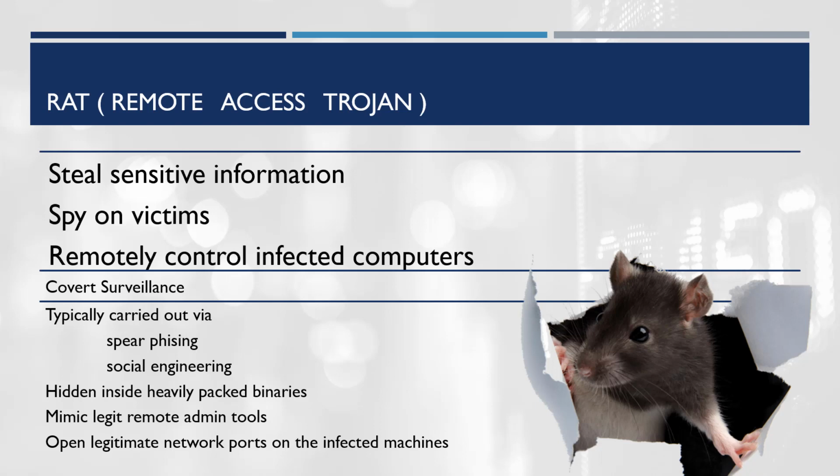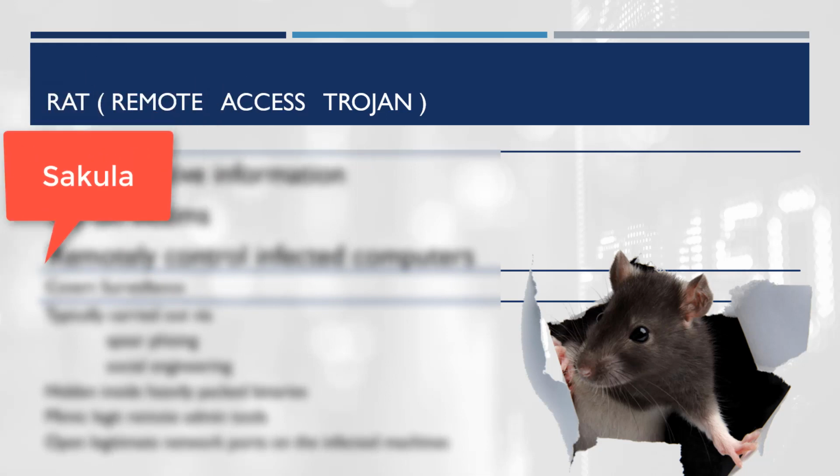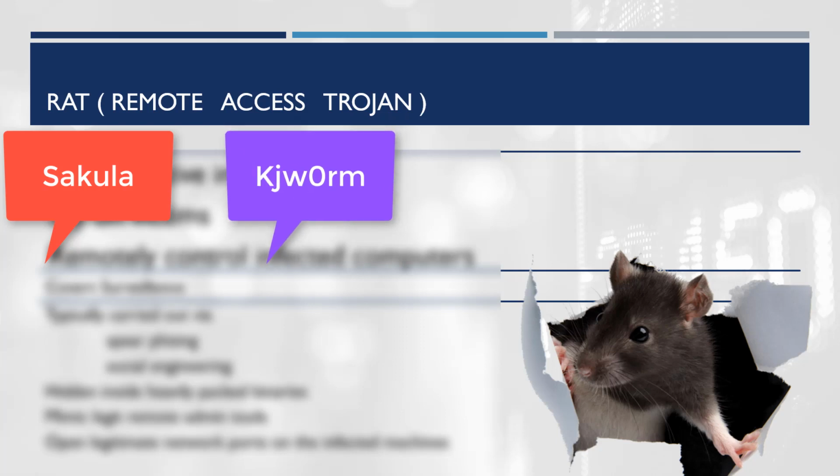There are different kinds of RATs that have been published by RAT programmers. Sakula is the one responsible for the OPM attack. Another one is called KJ Worm, and it is associated with the recent breach of TV stations in France.